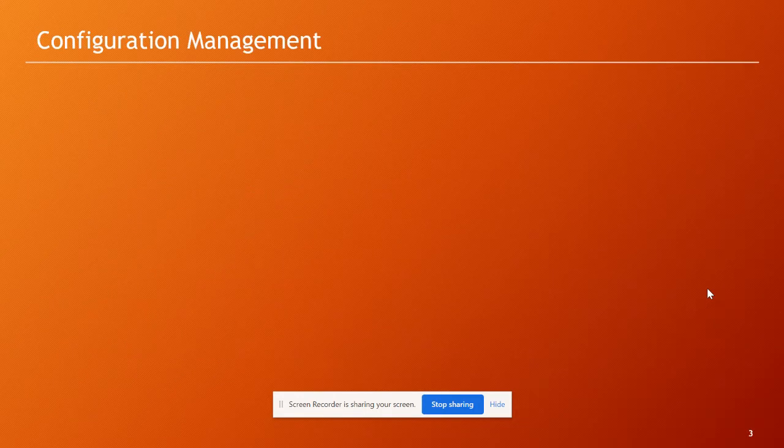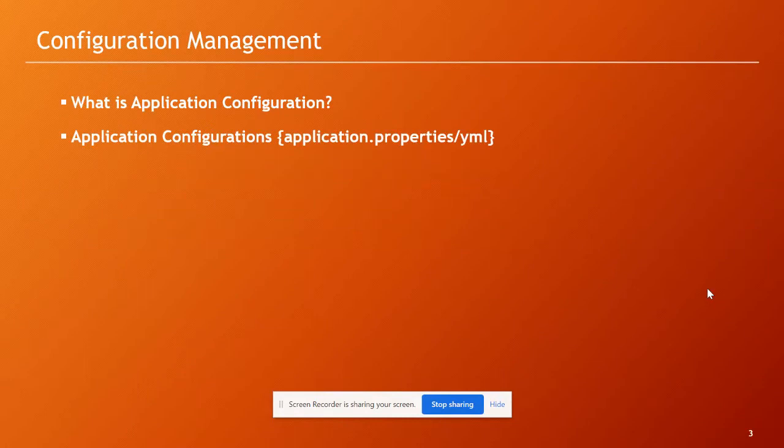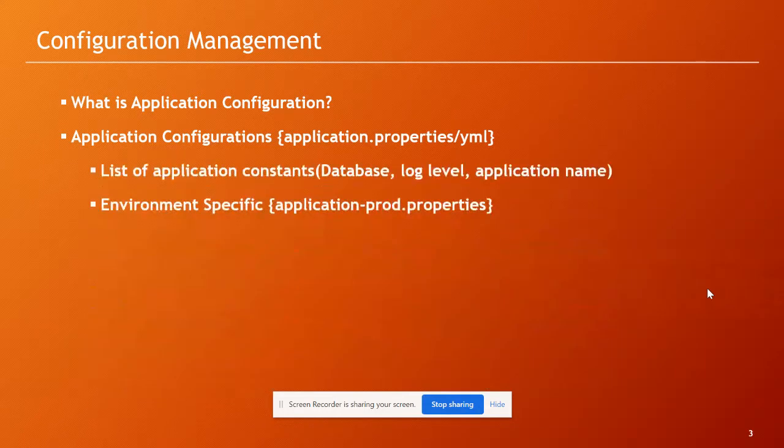Next, a very important thing: first we should understand what exactly application configuration is. If you talk about a Java application or any distributed application, application configuration is a kind of separating out your constants. In the application you will have constants like your database properties, your log level, your application name.